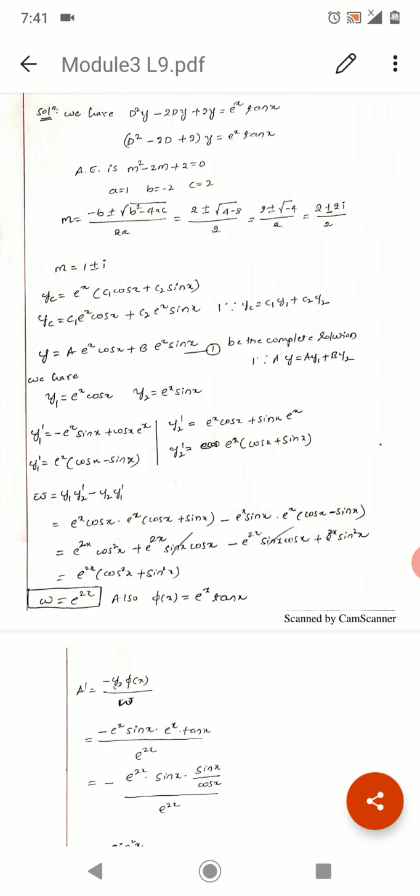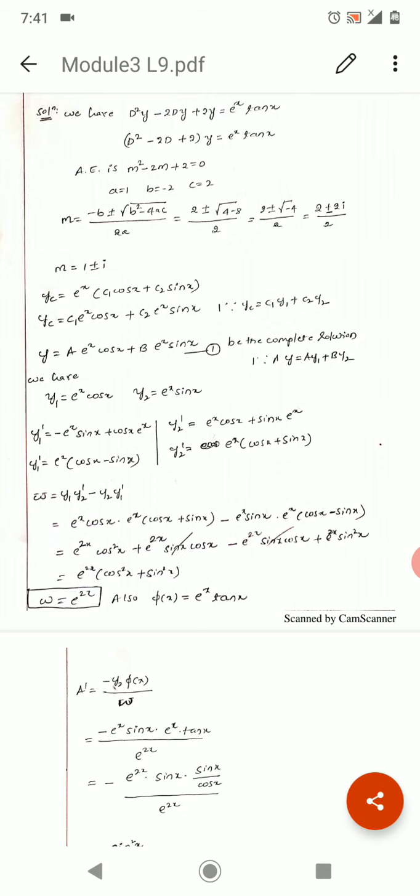So here y1 dash becomes e power x into differentiation of cos x, which is minus sin x, plus, again keep second function cos x as it is, and differentiation of e power x is e power x. So in both the terms we have e power x common. Therefore, that will become e power x of (cos x minus sin x).